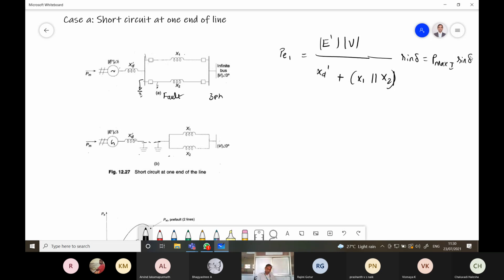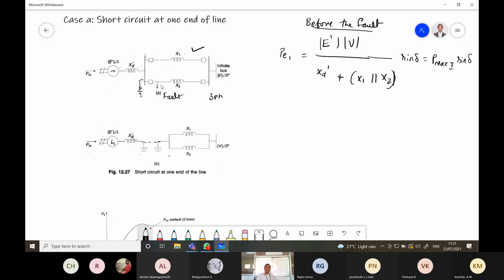Now when a three-phase fault occurs, this is P1 before the fault occurs. So in the first case, before the fault occurs, we have the power angle curve equation like this. After the fault occurs, P2 becomes 0.